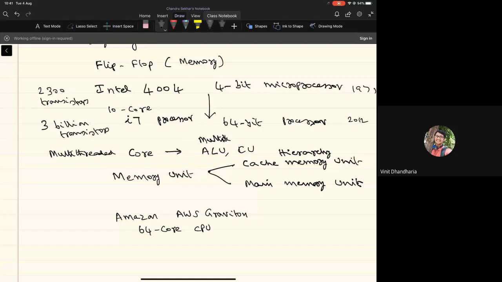And just to give you an idea, the number of transistors used in building this 64-core CPU is 30 billion transistors. Again, divide that by 6, assuming that each gate will take 6 transistors.